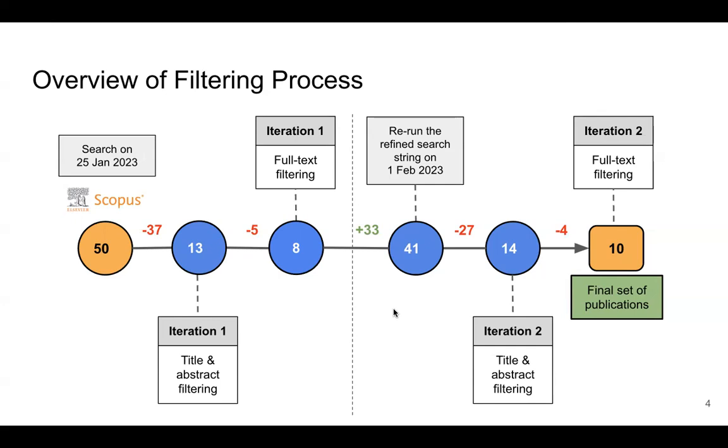We started with 50 papers. We added 33 papers to the pile. After rerunning the refined search string, in the end, we included 10 primary studies in the final set.